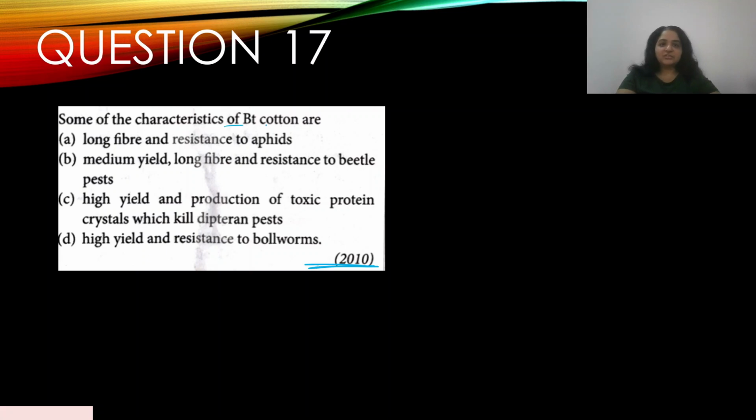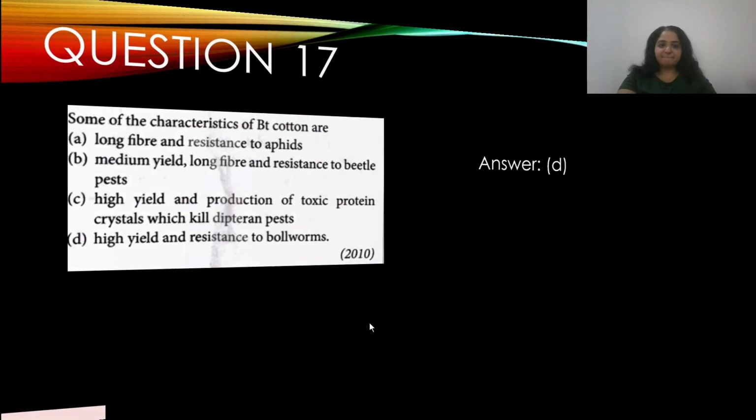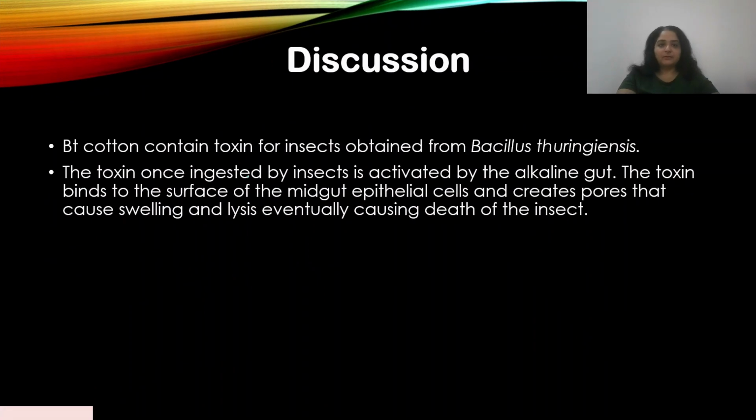So some of the characteristics of BT cotton are, of course, they produce high yield and they are resistant to bollworms. Okay, so resistant to that. Answer is D. Alright, so BT cotton, obviously, the toxin gets injected into the bollworm.